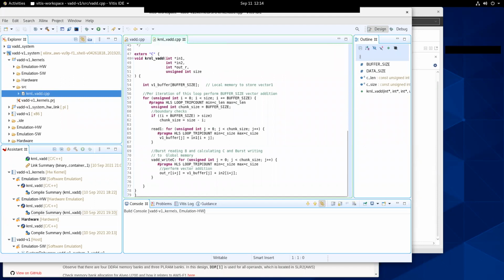You can see that there is a loop read1 on line number 64, which fetches part of an array from the global memory and keeps it in the local BRAM of the FPGA. And then there is another loop starting on line number 71, labeled VAdd_WRITEC. This is where we are doing both the data transfer and computation.